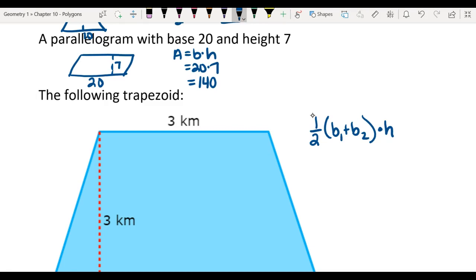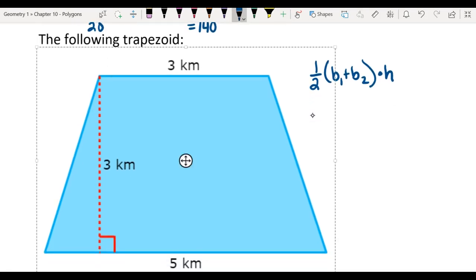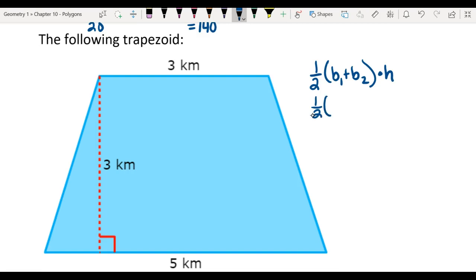But if you try to plug it in like that on a cell phone, it doesn't work. Just so you know. So this is going to be 1/2 3 plus 5 times 3. So that's 1/2 times 8 times 3. Sorry. So your answer there is 12. This is my B1. This is my B2. This was my height.